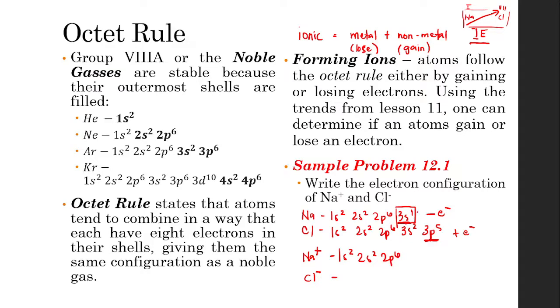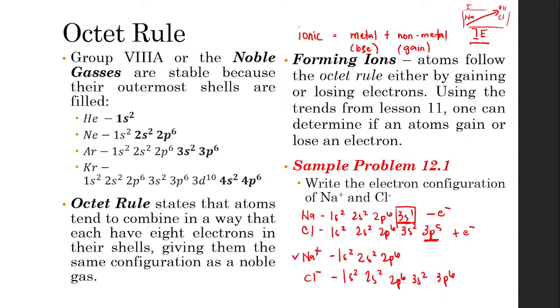And we give that electron from 3s1 to our chlorine and add it to the electrons found at 3p5, which gives our chlorine ion an electronic configuration of 1s2, 2s2, 2p6, 3s2, and 3p6.